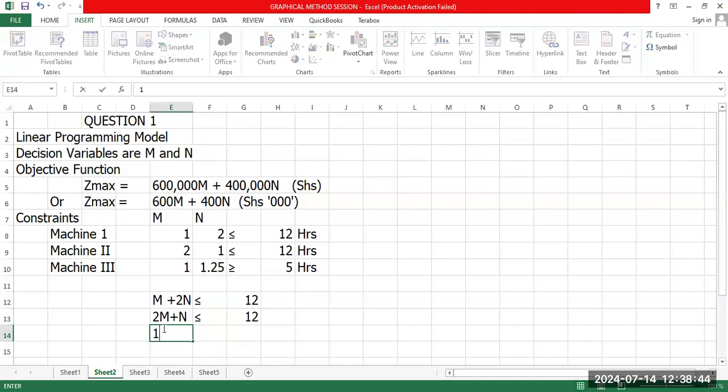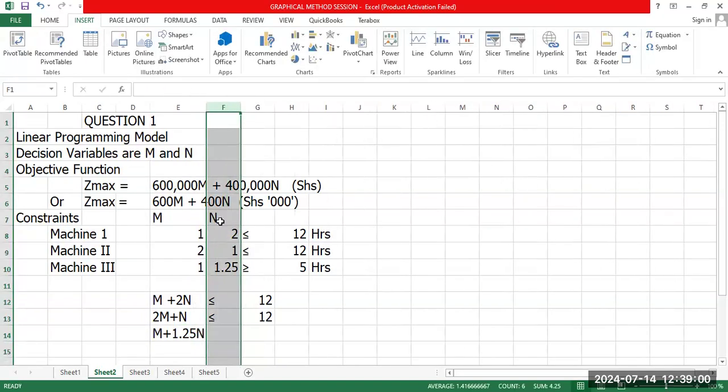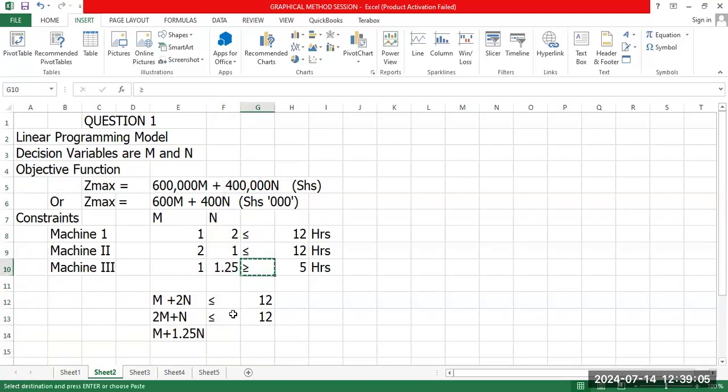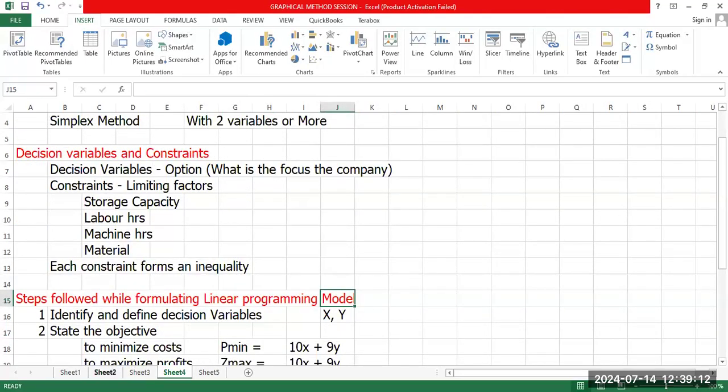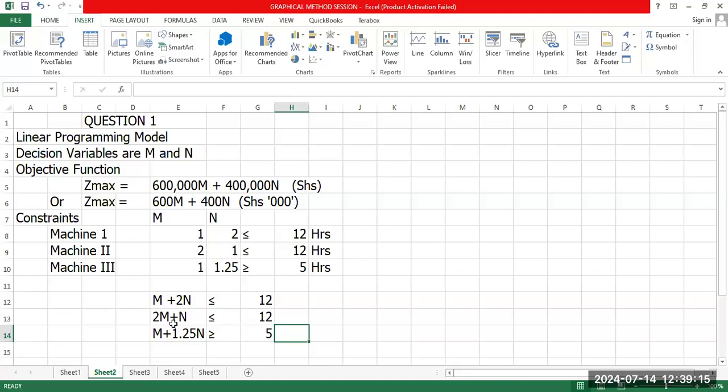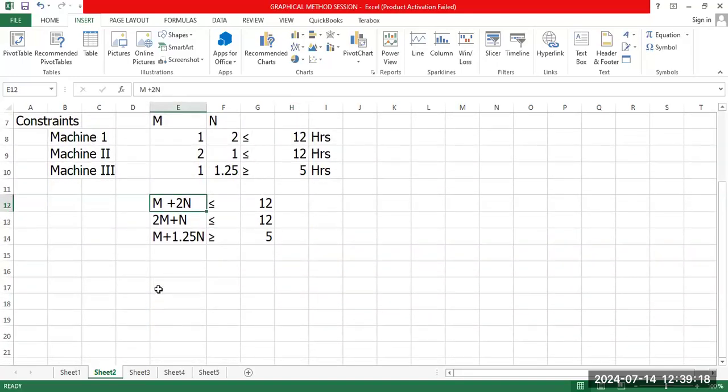Then here it is 1 times m, which is m, plus 1.25n, should be what? Greater or equal to 5. So these are your constraints.